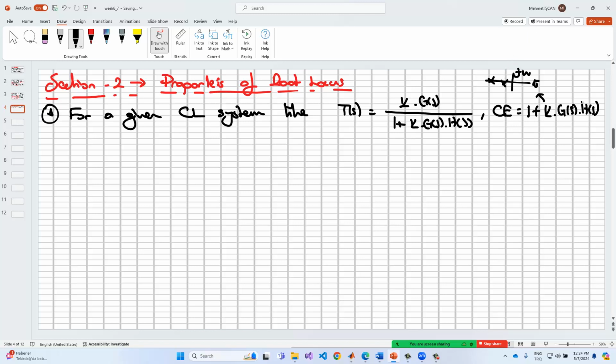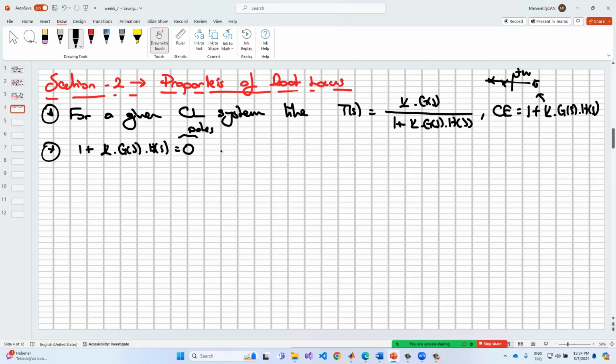If this is the case, then we can write that 1 + K G(s) H(s) is equal to 0, because if we want to create the poles, we need to set our equation equal to 0, and then this creates the poles, right?